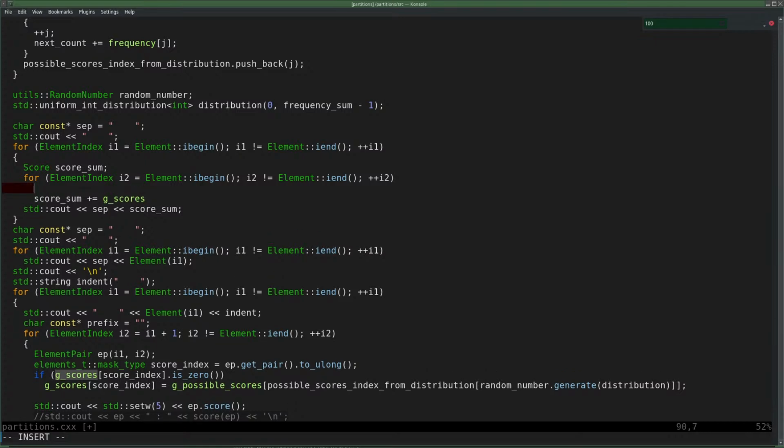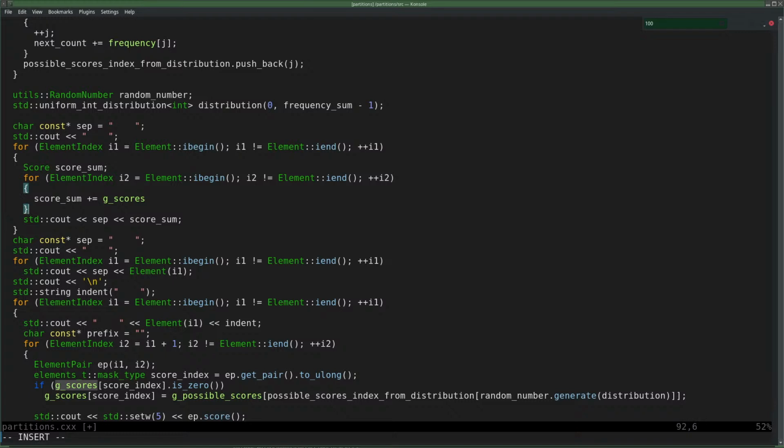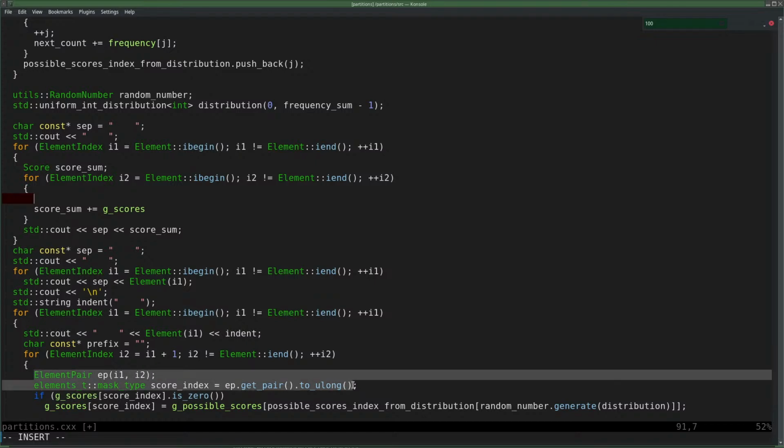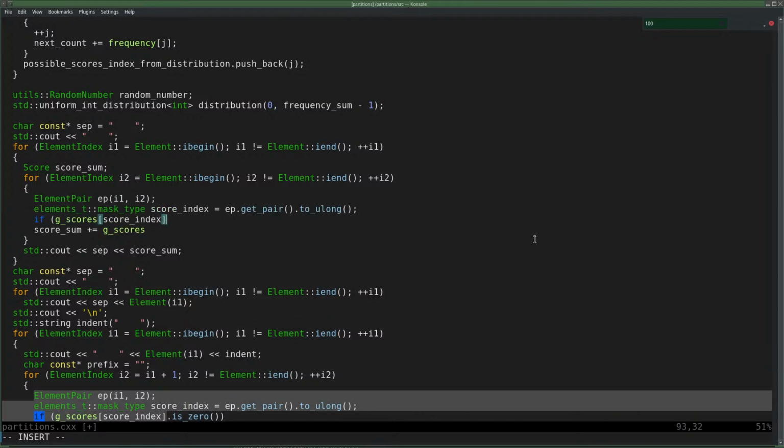Okay, let's split it up. So I'm creating an element pair. Score index, and then we have a score. And I want to add that only if the score is positive.